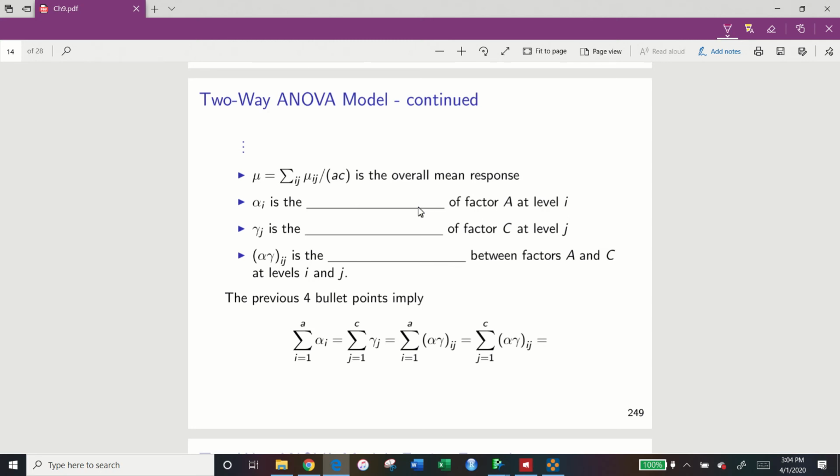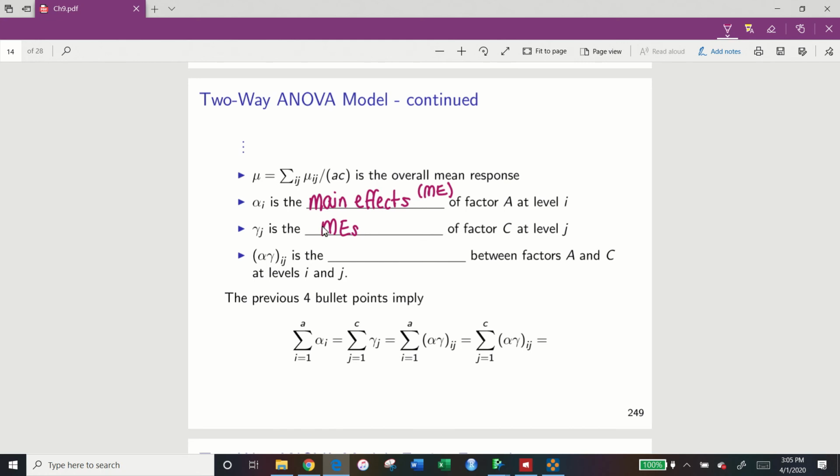Alpha i is the main effects, which you'll see me abbreviate as capital ME, of factor A at level i. And gamma j is the main effects of factor C at level j.